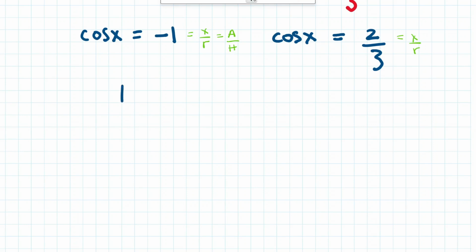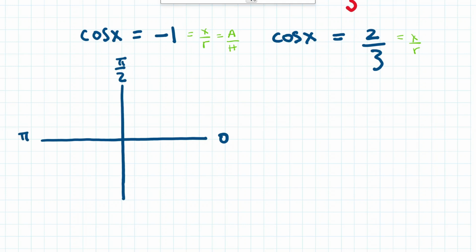So let's see what that means for us. We'll draw out our unit circle, and we know our domain is between 0 and 2 pi. Let's fill in all our reference angles, and let's write out our CAST rule, which tells us which quadrants are going to be positive or negative for each trig ratio.